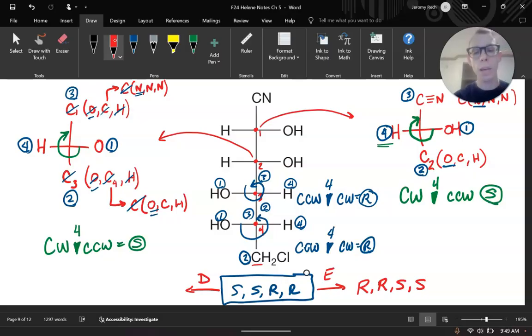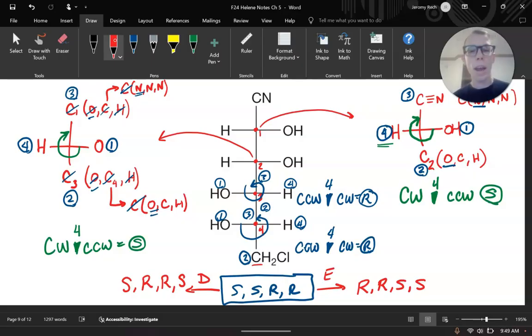So just to give one example of a diastereomer, if I did maybe an S, so the same, and then an R, so different, and then maybe an R, so the same, and then maybe an S to be different. So an SRRS would be an example of a diastereomer, and there's a bunch of other examples of diastereomers. One of the easiest ways to convert something from an R to an S is just simply switching what's going to be on the left and what's going to be on the right.